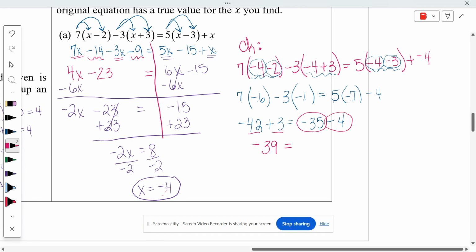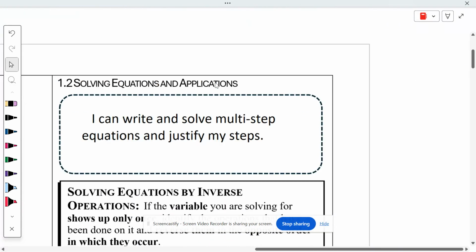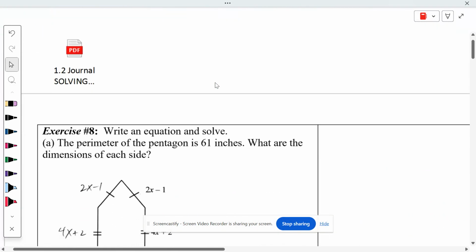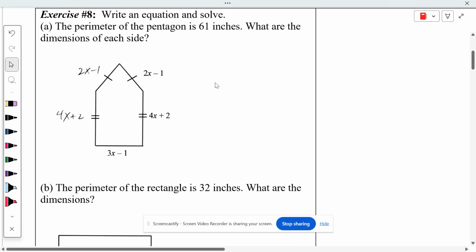Same signs, add and keep. 35 and 4 is 39. Keep this sign. We have, in fact, done this correctly. So the solution, because we have a true statement that tells us that our solution, x equals negative 4, is in fact correct. Our last example, example number 8, says write an equation and solve.